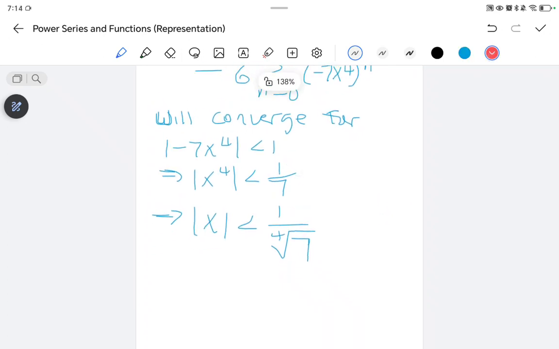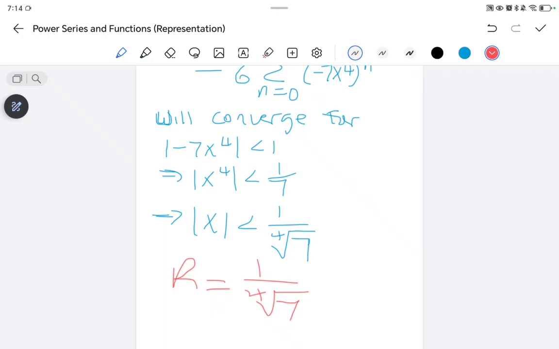Then here, our r would be 1 over the fourth root of 7. Any question?